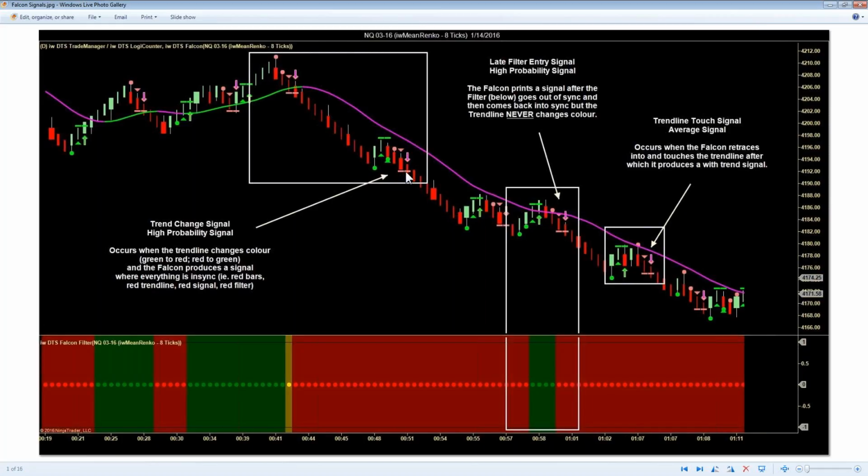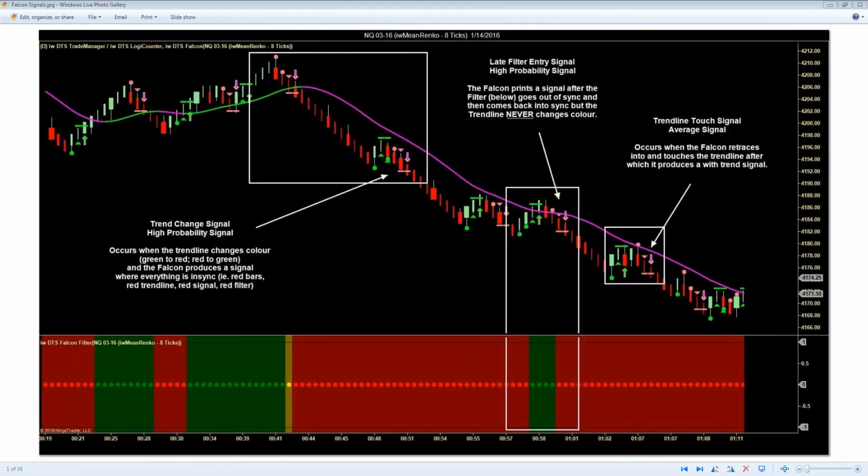Even so, even with the later entry, you can see there was still a lot of room to swing through here. The late filter entry signal, another high probability signal. And then our basic trend line touch signal, when the market retreats back into the trend line and then bounces out, produces a signal. These are the high probability signals that we're looking for on the Falcon.